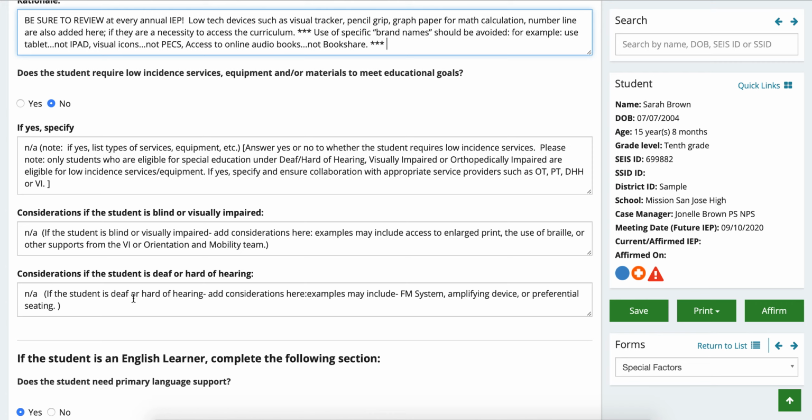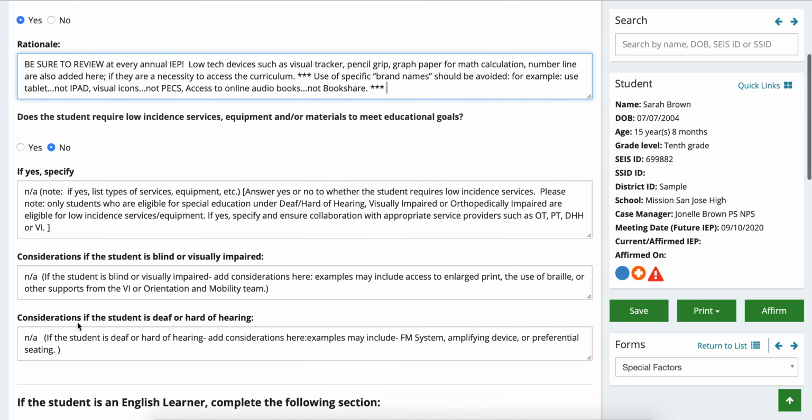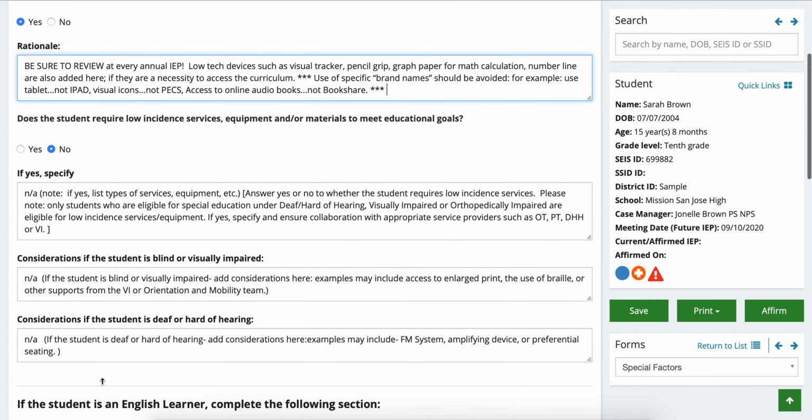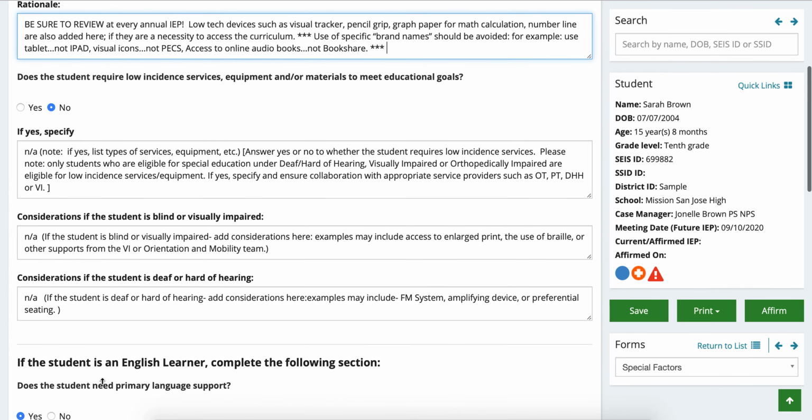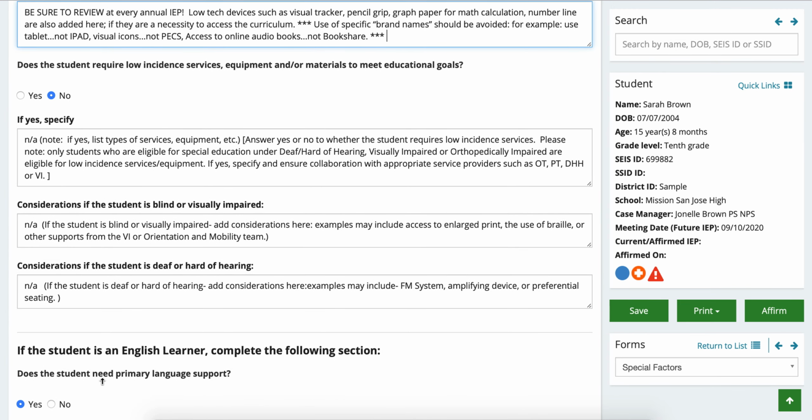If there are considerations, you want to list those here. It could be something like an FM system, an amplifying device, or something as simple as preferential seating. But make sure that anything listed in the above sections should also be reflected on the service page under accommodations in the modifications section of the IEP.